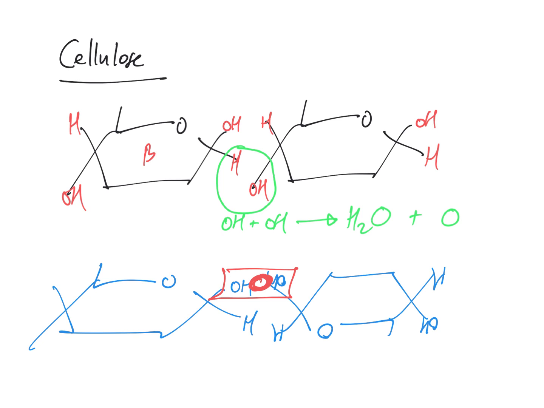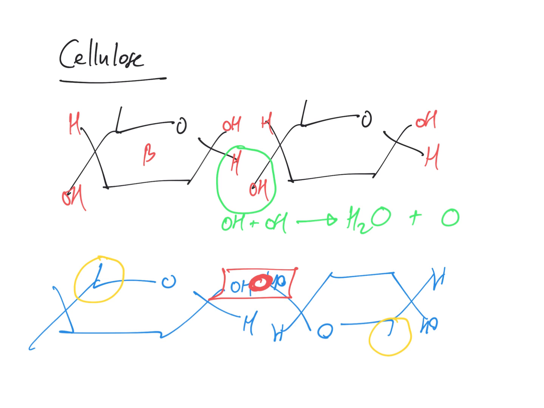That at the moment doesn't look like it's important. But now let me circle why that is important. Because whereas when we had alpha glucose molecules together, all of the lines were pointing up at the same time, now I have one line pointing up, so my 6 carbon, that one's going upwards. But in this one here, it's going down.